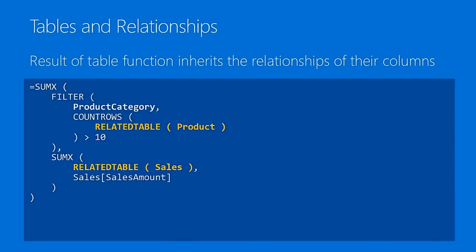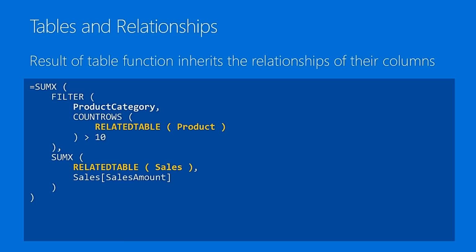In DAX, all the table functions return tables, but these tables are not just the values. These tables are the real tables. So imagine that I write an expression which is slightly more complex than the previous one. I do a sum x over filter of category, where I count rows for each category, the related table product, and I check if it's greater than 10.